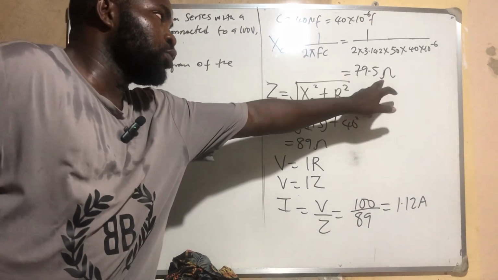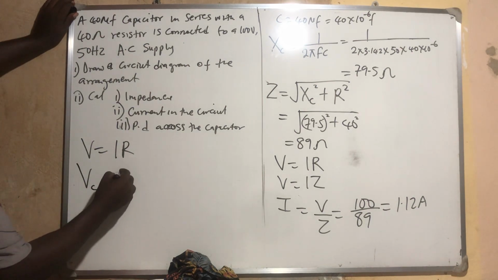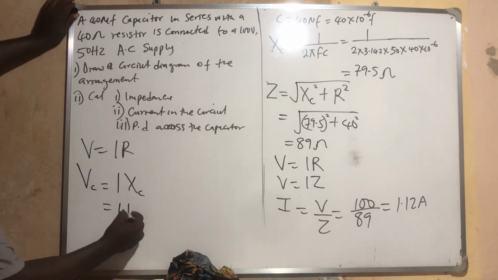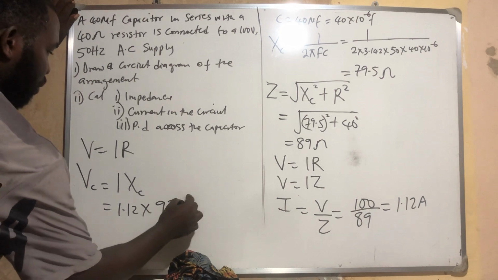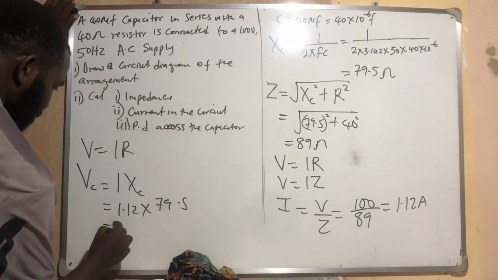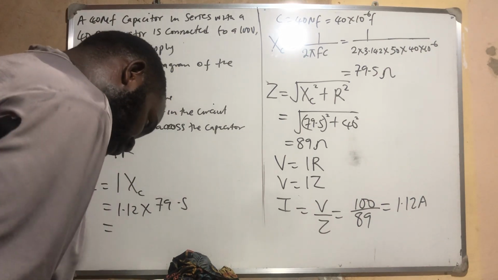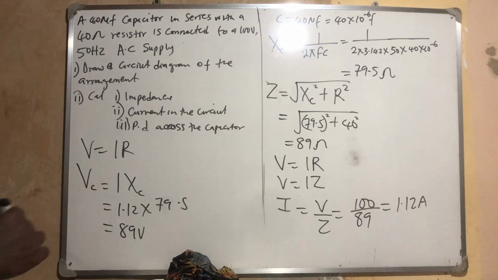This X is measured in ohms, so it's a resistor. So V for the capacitor is I times XC, which is 1.12 times XC, which is 79.5. If you multiply that, you are going to get 89 volts approximately.